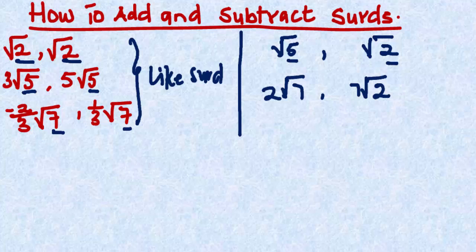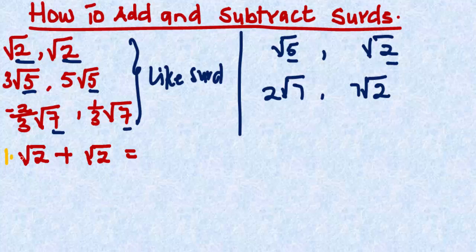Okay, so let's take an example. Adding the surds above, we have 1 root of 2 plus 1 root of 2 is equal to. In this case, when we are adding surds, we only add the numbers multiplying the surd, then we multiply the like surd by the result.